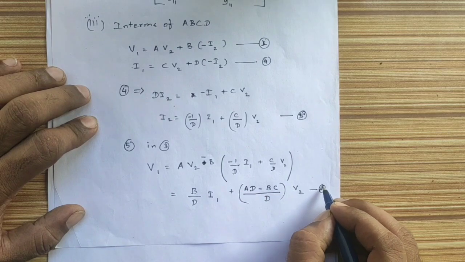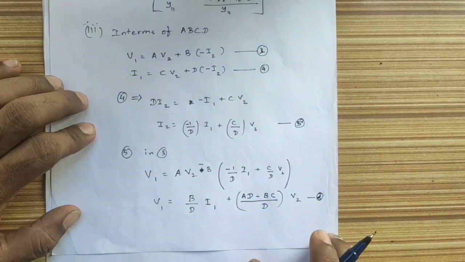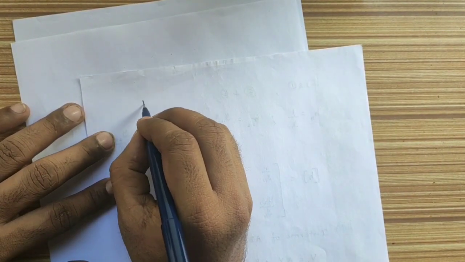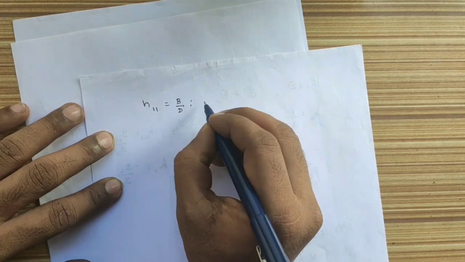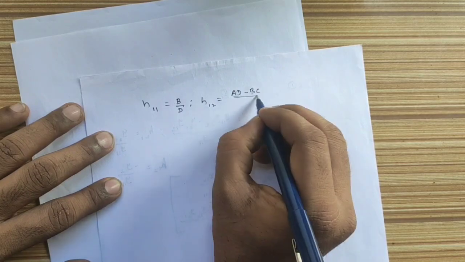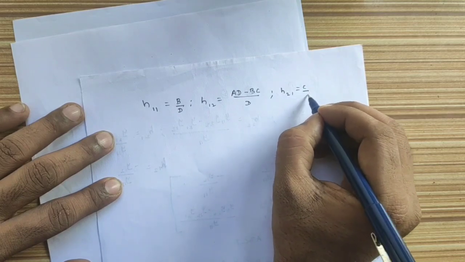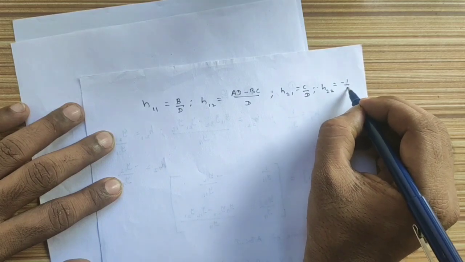This is equation number 6. Now if I compare equation number 6 with equation number 1 and equation number 5 with equation number 2, we will write H11 equal to B by D, H12 equal to AD minus BC divided by D, H21 equal to C by D, and H22 equal to minus 1 by D.